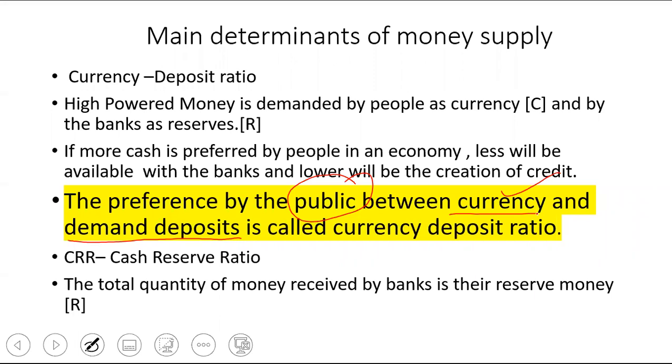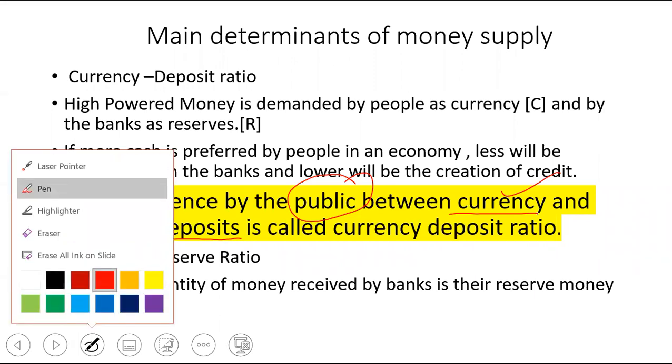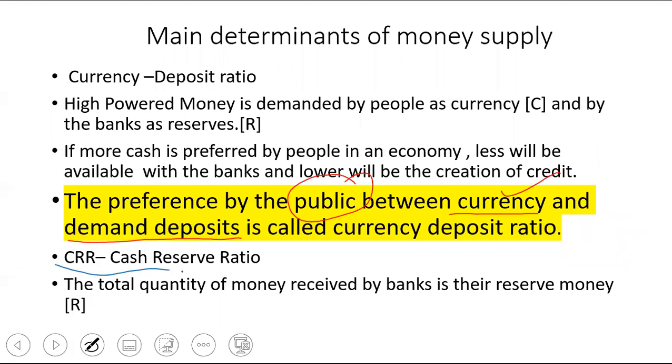Okay, now we are discussing, this is important, cash reserve ratio. What is CRR? CRR is the cash reserve ratio. I told you yesterday we discussed R. R is the total reserve money held by the commercial bank.